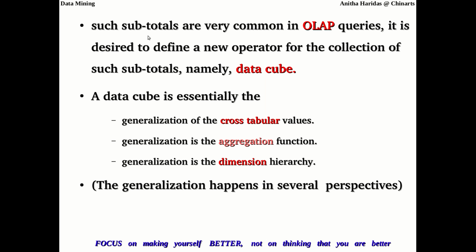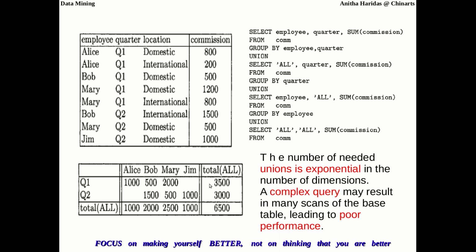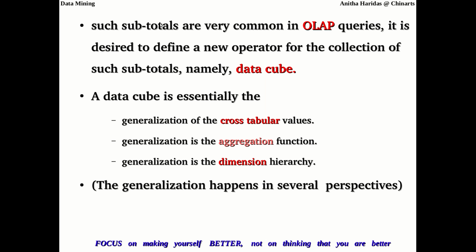So these kinds of subtotals, what kind of subtotal are you going to do? I want to find out the subtotal for Q1, Q2, or the subtotal for each employee. These kinds of subtotals are very common in analytical processing queries, and you need to define a new operator for the collection of these subtotals, which can be called a data cube.